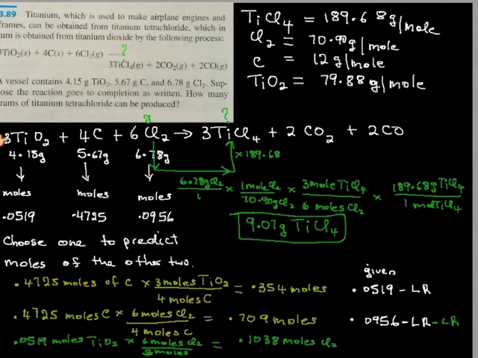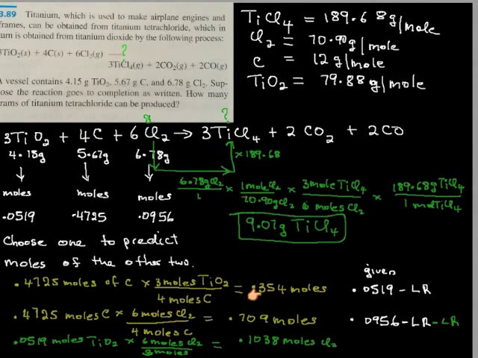And it is the coefficient of what you need over the coefficient of where you started out. So I will have to multiply this number by 3/4, because if you pretend that carbon is given and you're asking questions about titanium dioxide, you will go 3/4.